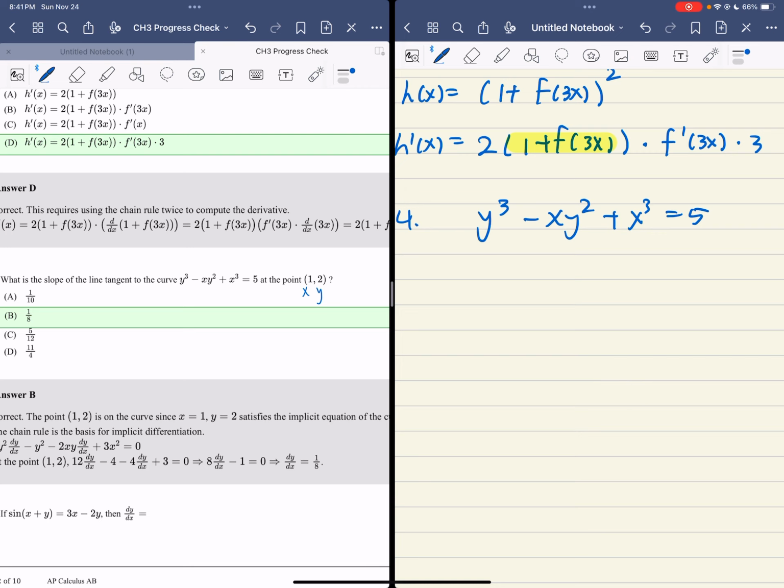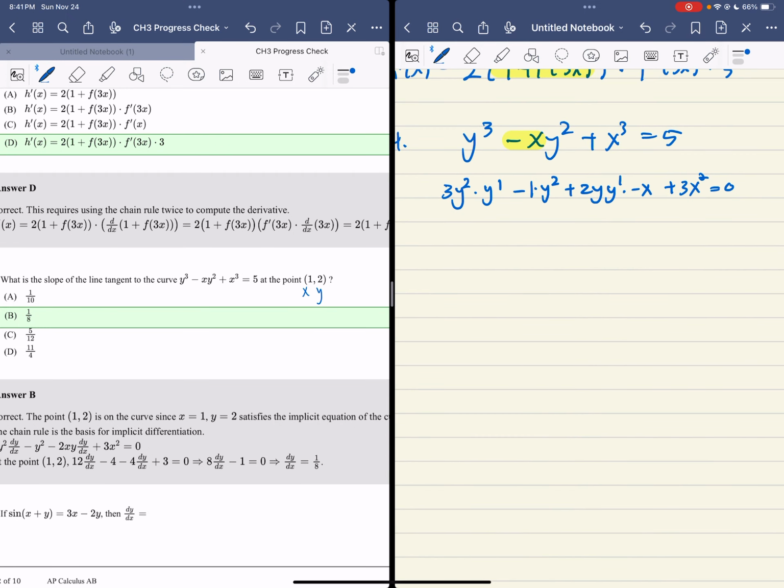When you derive it, everything in terms of x, it's going to be 3y squared times y prime minus, that's going to be the product rule, so negative 1 times y squared plus 2y y prime times negative x plus 3x squared equals 0.